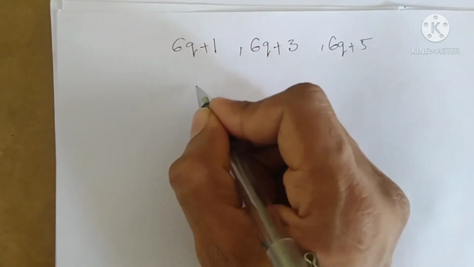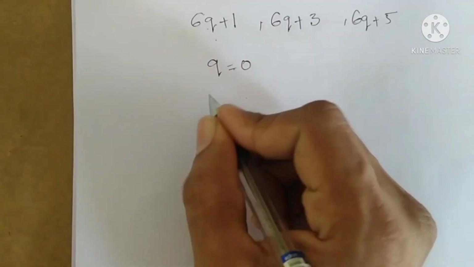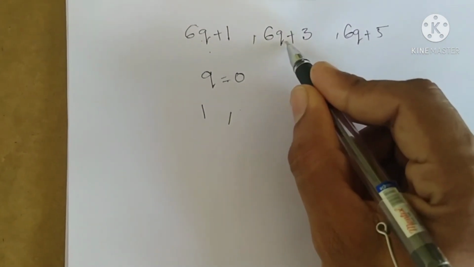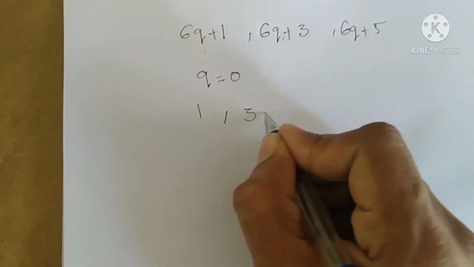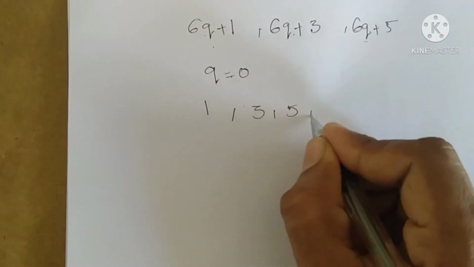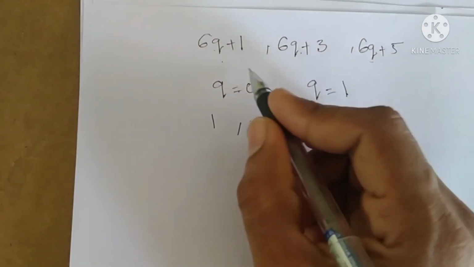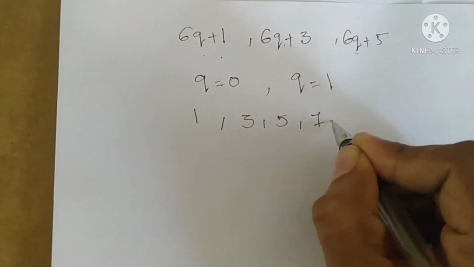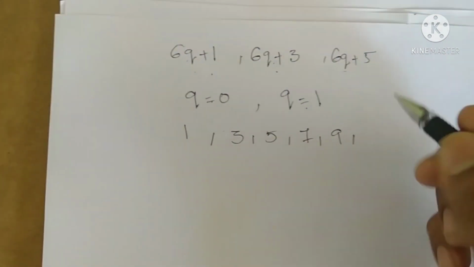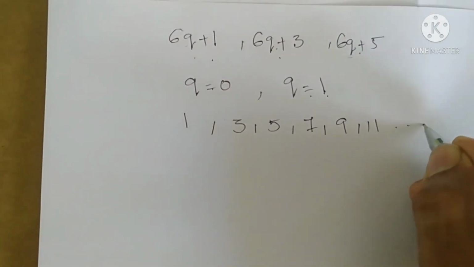When q is equal to 0, substituting gives results 1, 3, and 5. Substituting q is equal to 1, the results are 7, 9, and 11. And so on.